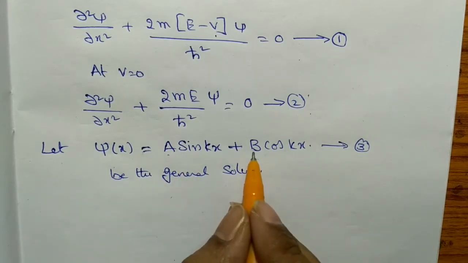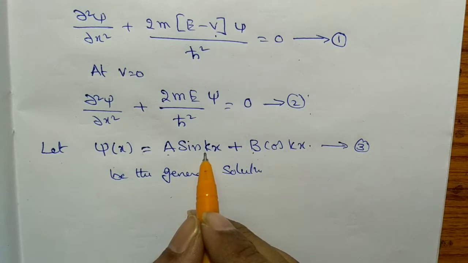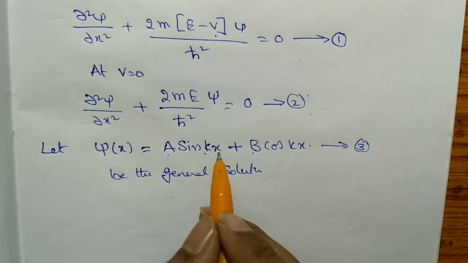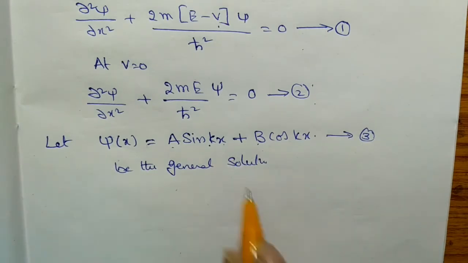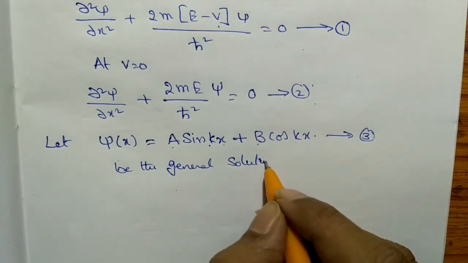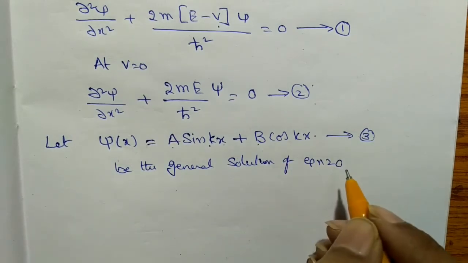Here a and b are arbitrary constants, k represents the wave vector and x is the displacement along the x direction. This is the general solution of equation 2.